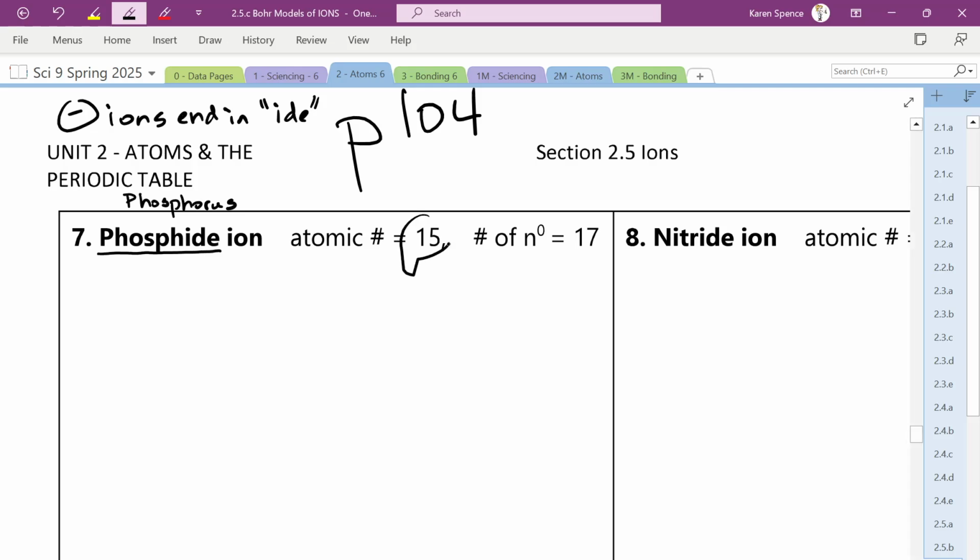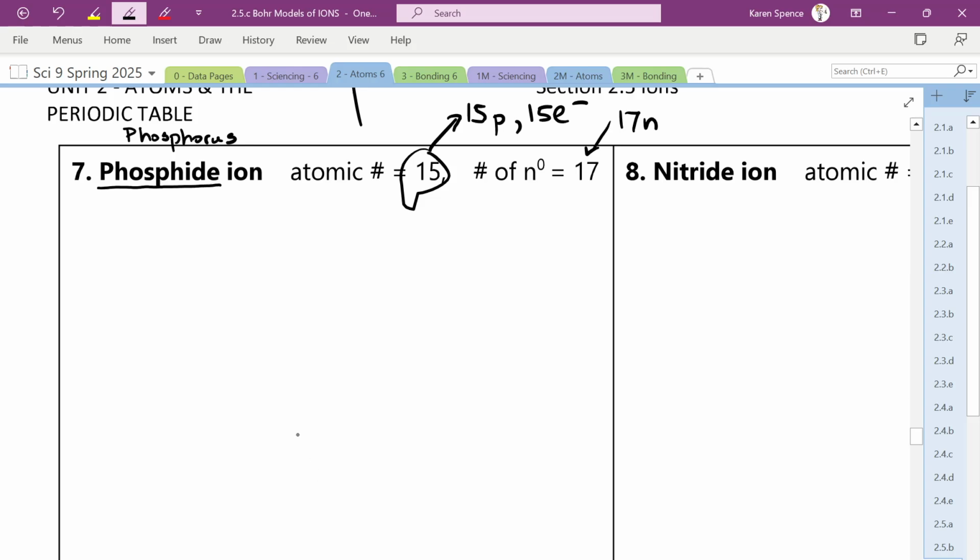It's atomic number 15. That means we start with 15 protons and 15 electrons. We also know that we have 17 neutrons.